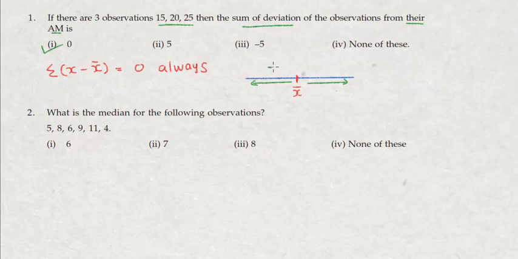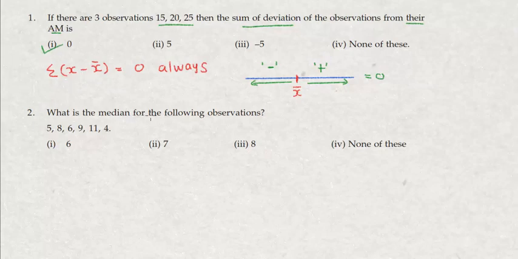Suppose the distance here is negative because the numbers are smaller than the mean if the numbers have been arranged into ascending order, and suppose the distance here is positive, and both are going to be numerically the same. So the total of both the distances would be 0. So we can very easily say that the answer here is 0.